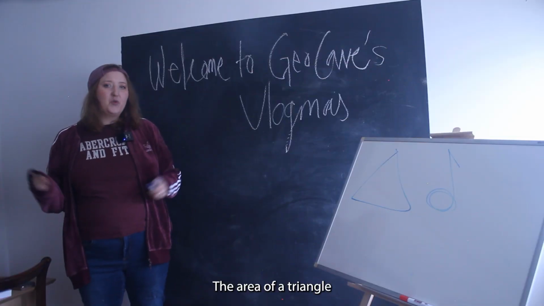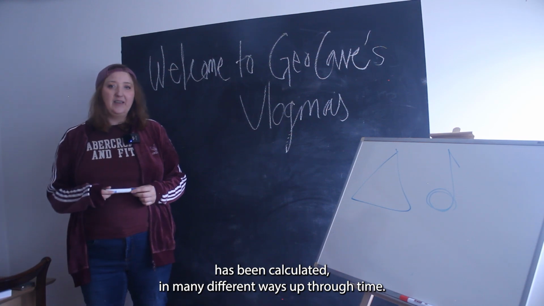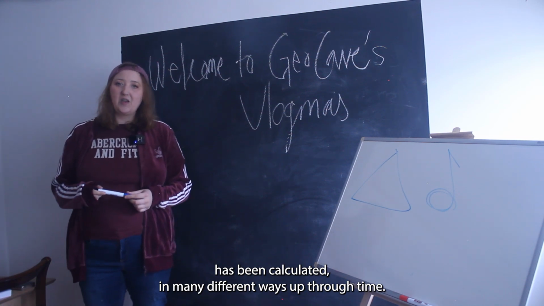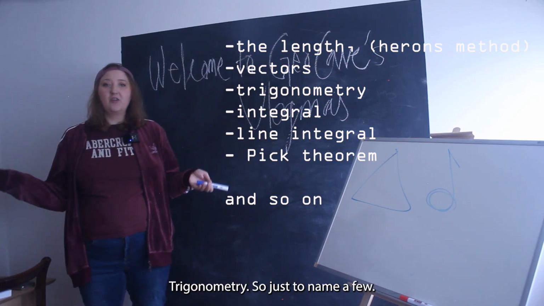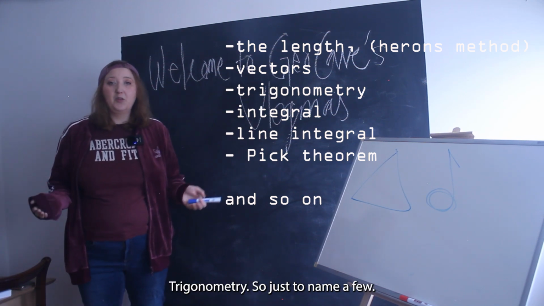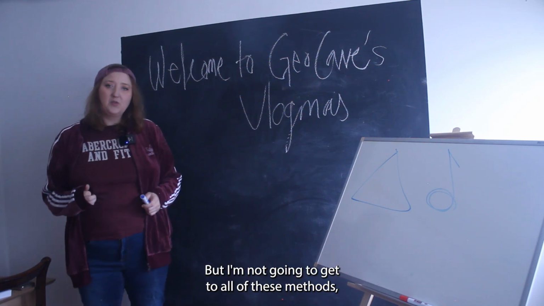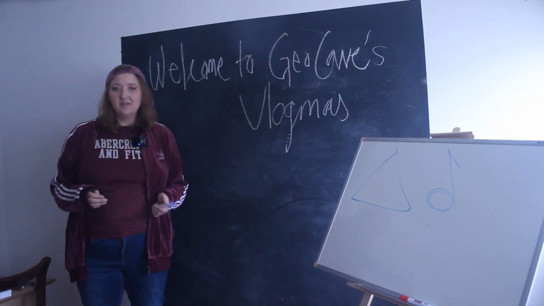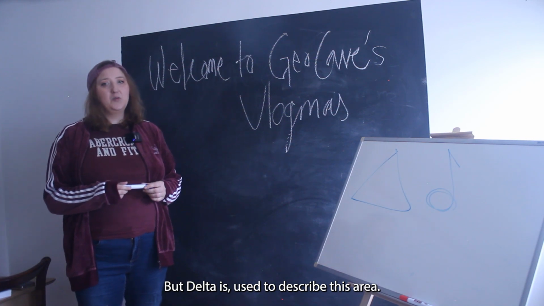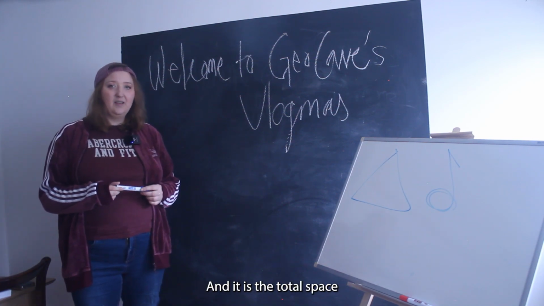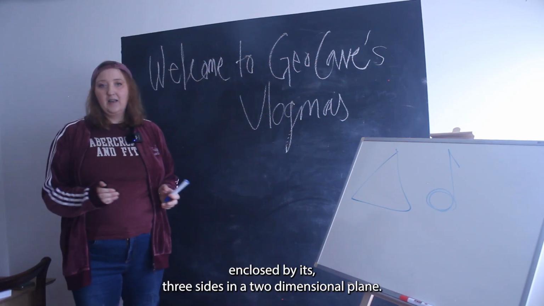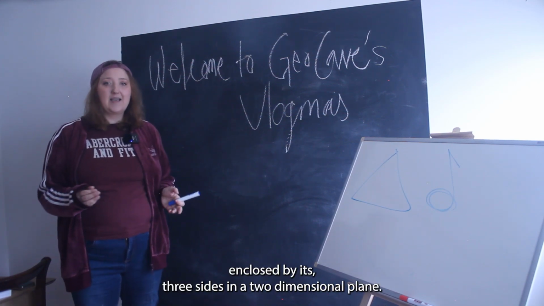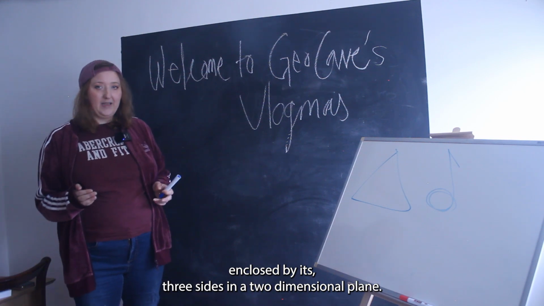The area of a triangle has been calculated in many different ways up through time by using the length, vectors, trigonometry, to just name a few. But I'm not going into depth on all of these methods. But delta is used to describe this area, and it is the total space enclosed by its three sides in a two-dimensional plane.